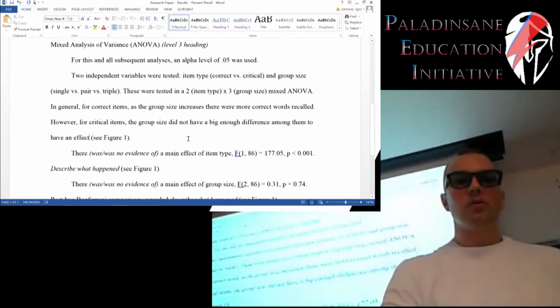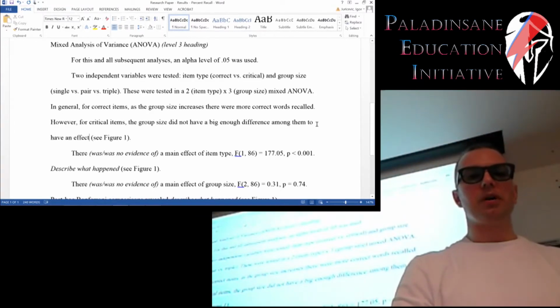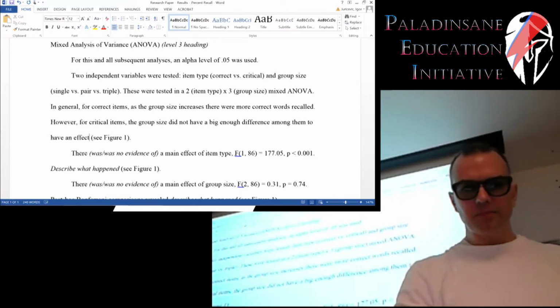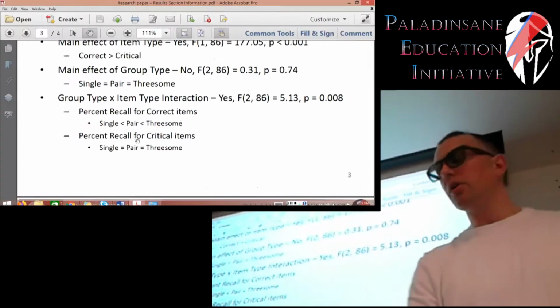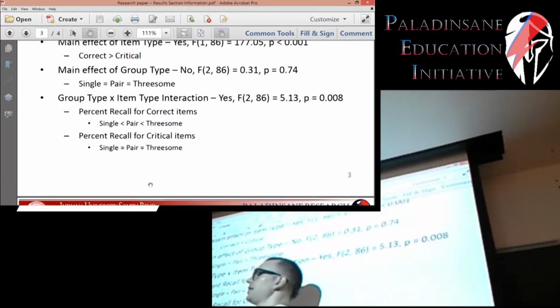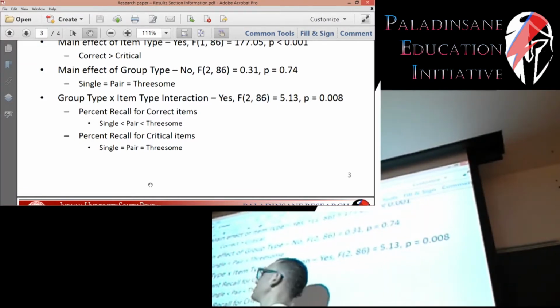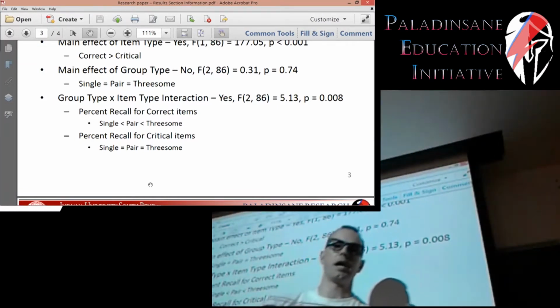The group size did not have a big enough difference among them to have an effect. That is true. So we'll see here that group size did not have an effect. There was no difference between percent recall for group size.